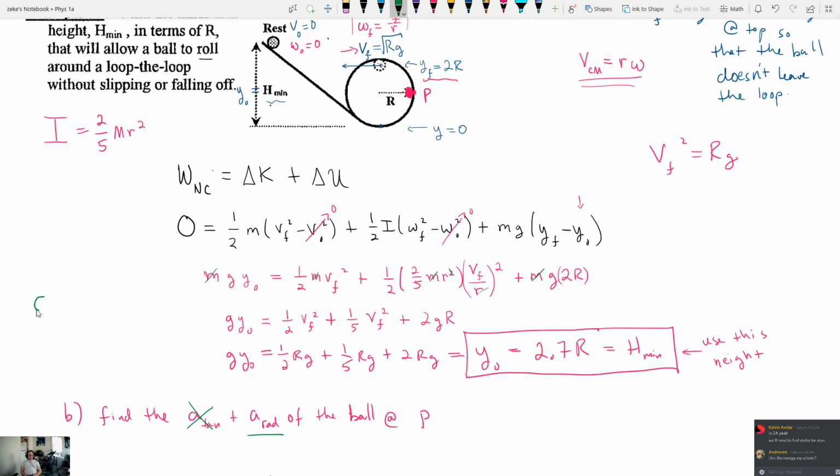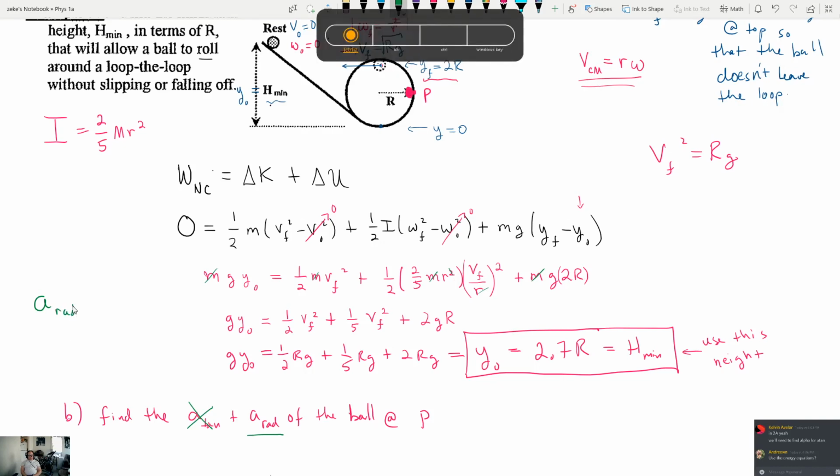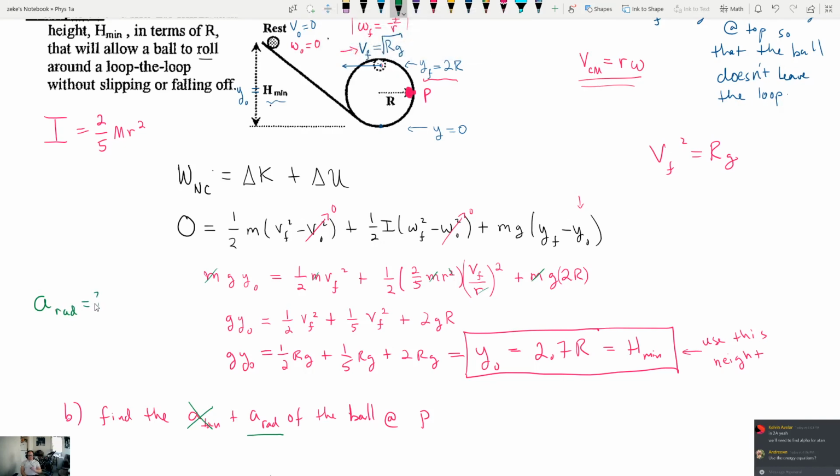How is radial acceleration defined? Just think about how we define radial acceleration.